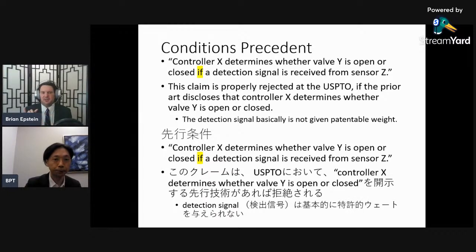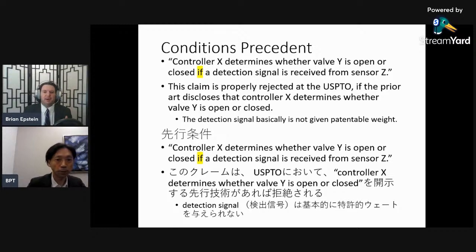So if the if portion is true, then the determination also must be true, if this reference is used to anticipate or render obvious the claimed subject matter.